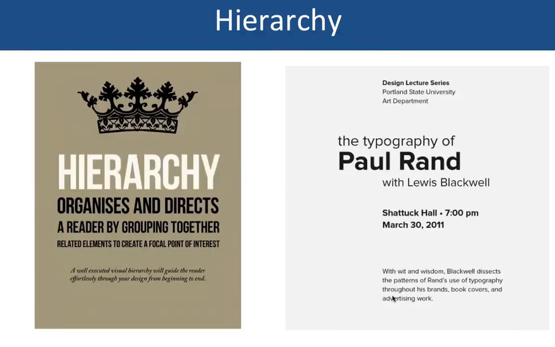So let's take a look at the hierarchy of text. Now that, like I mentioned, that's the order that people read things. And usually we read things from top to bottom, or from largest to smallest. So you can see in this one example from the top to the bottom, we kind of read the word hierarchy first, and then the things that are below that, and also in smaller sizes. On the example on the right, though, you can see that we are not noticing the top things first.